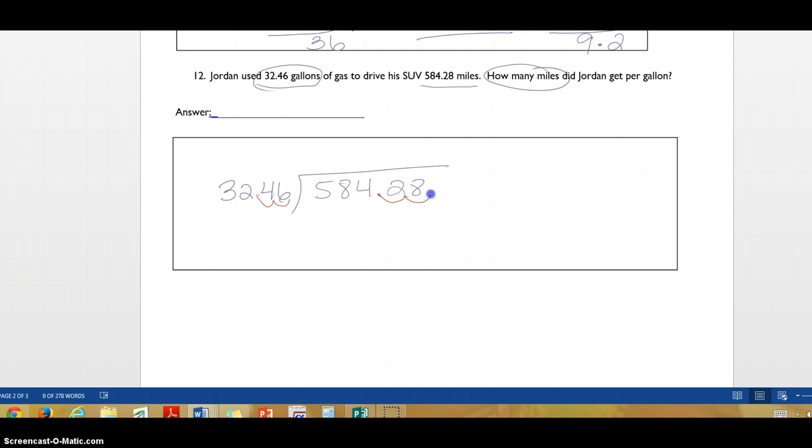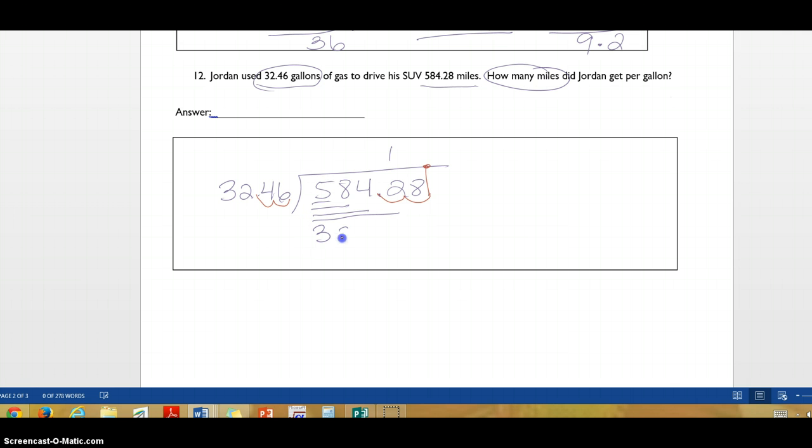Do the same thing on the inside as you do on the outside. Bring that decimal place up. So now we're dividing 58,428 by 3,246. Now 3,246 can't go into 5, 58, 584, but it can go into 5,842. And that is just one time.